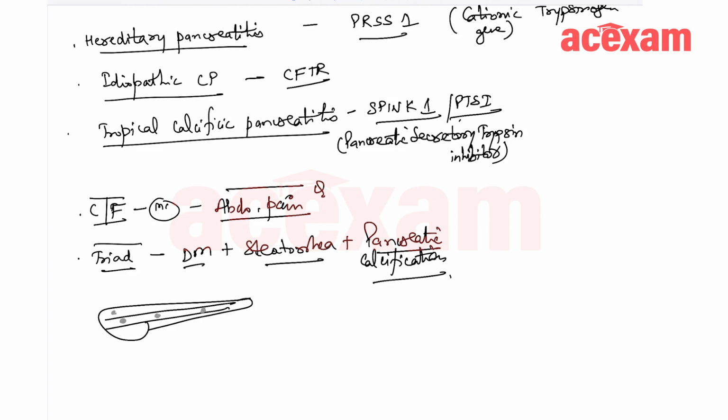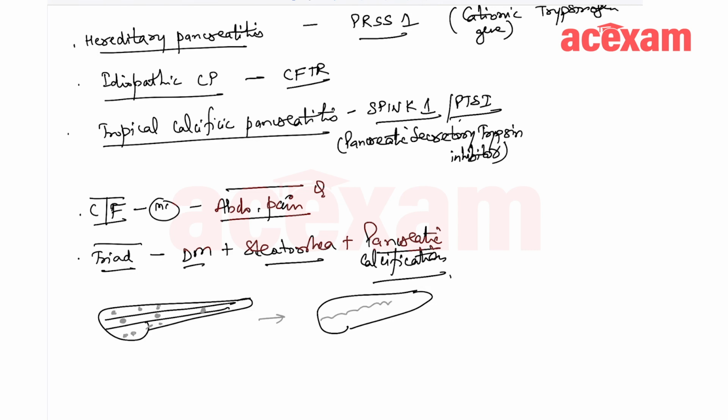Now, what happens in the pancreatic duct? Suppose this is a pancreatic duct. There is development of stones here in the pancreatic duct, or there is development of calcifications in the pancreatic parenchyma. Okay.